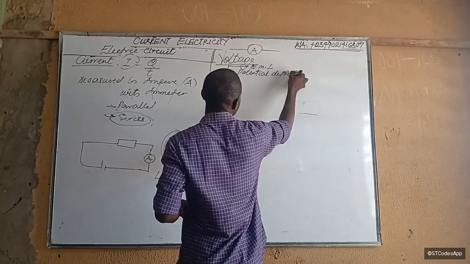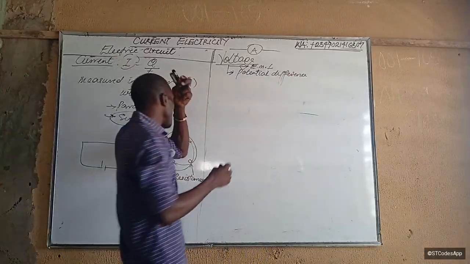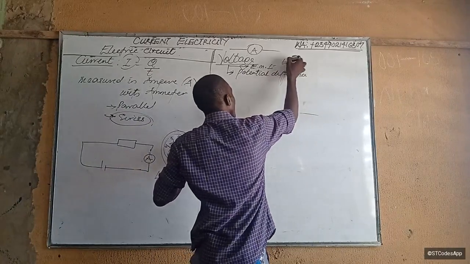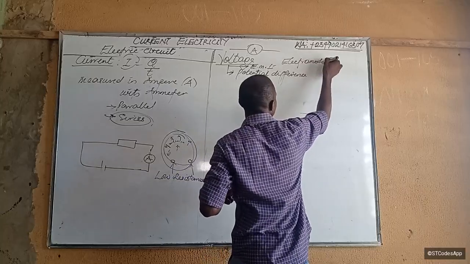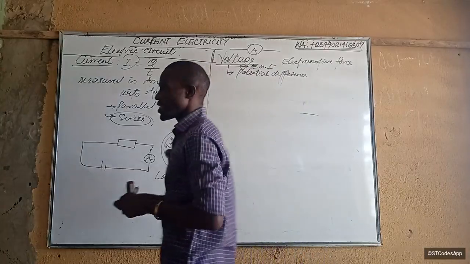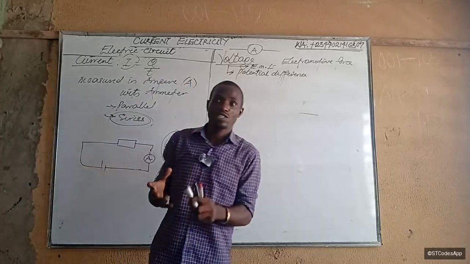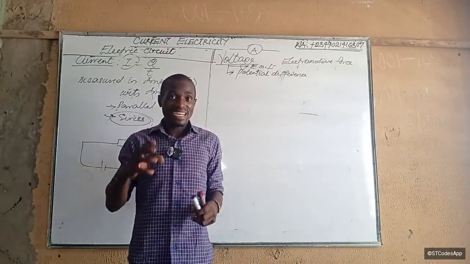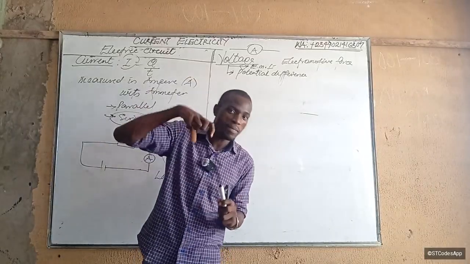EMF simply means electromotive force. I guess you should already know that. Electromotive force is the total voltage that a cell, a battery for example, can deliver. That's the EMF of the cell.